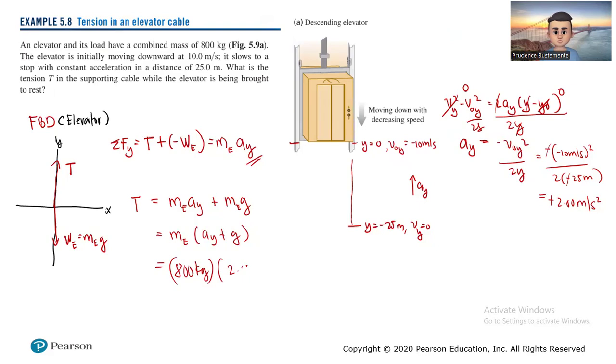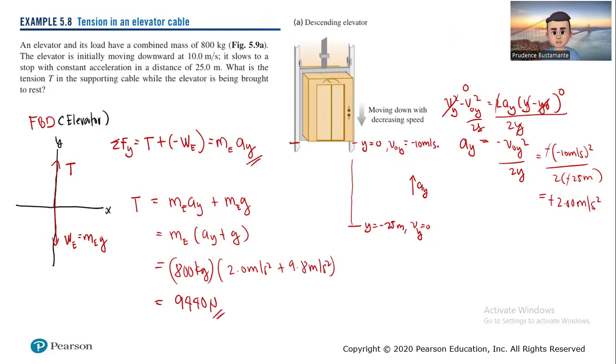We calculated a sub y already, and the elevator is 800 kilograms times 2.0 plus 9.8. So this is equal to 9,440 Newton.